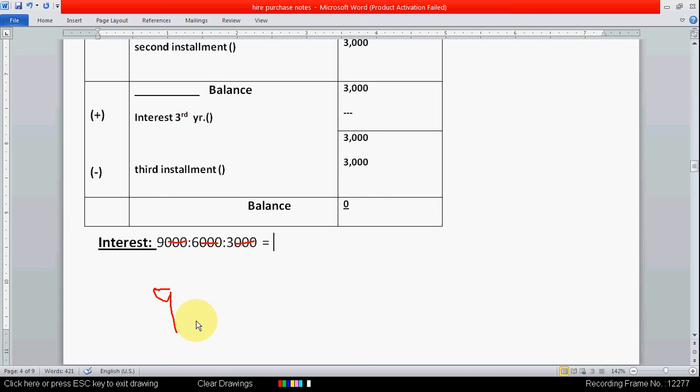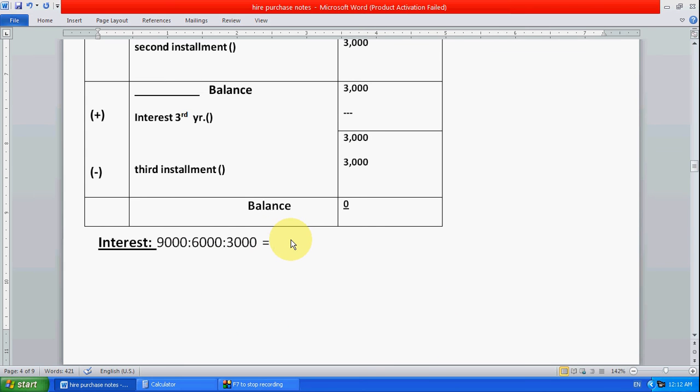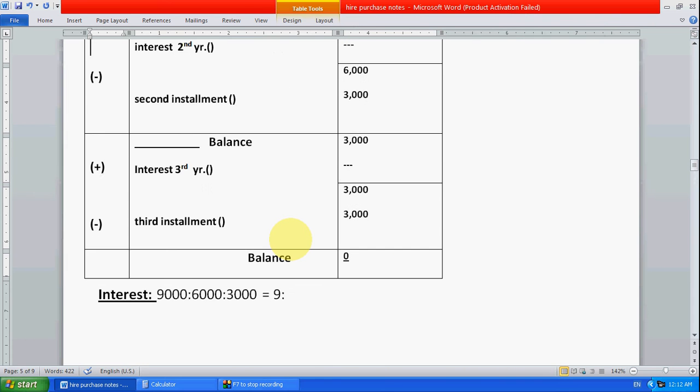The remaining is 9, 6, 3. It will reduce easily. With the table of 3 we can get: 3 3s are 9, then 3 2s are 6, then 3 1s are 3. So overall the ratio is 3, 2, 1. The same we have to do.